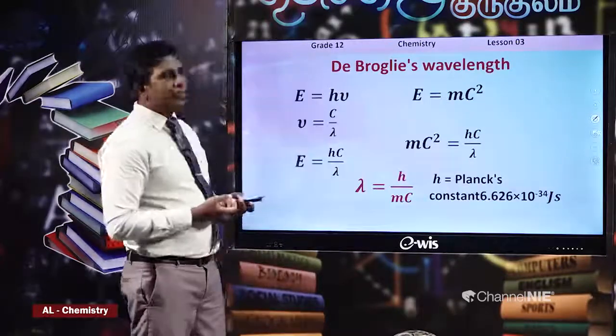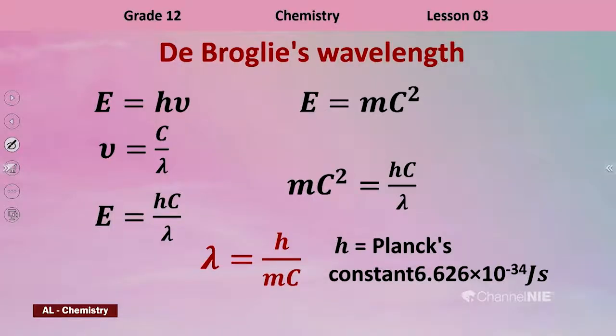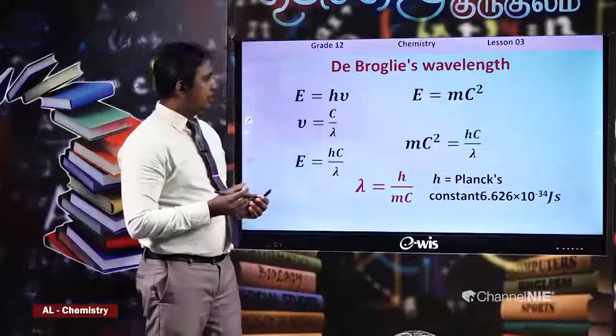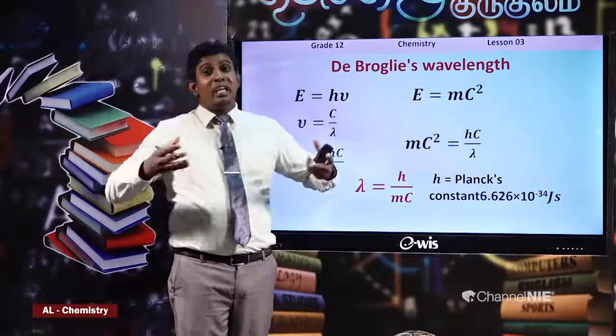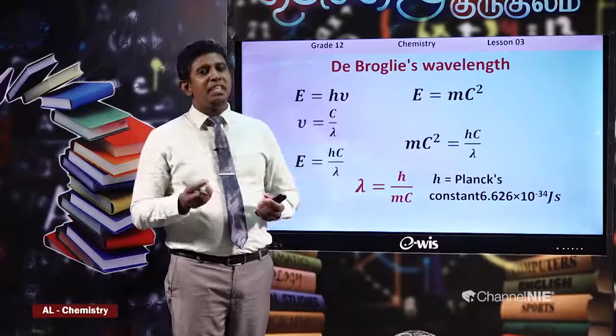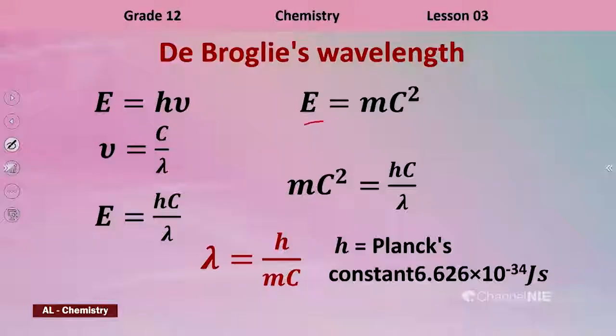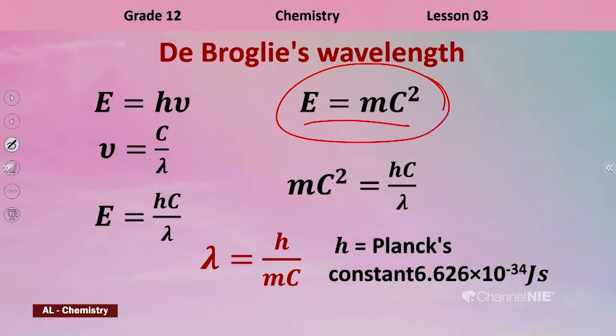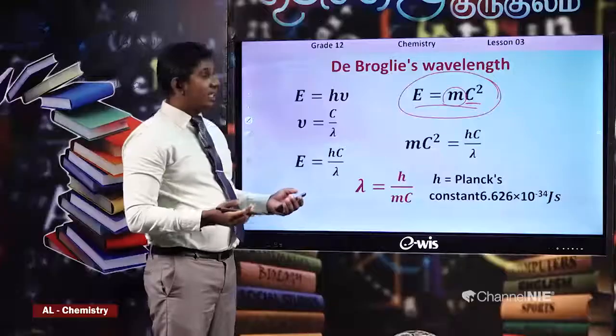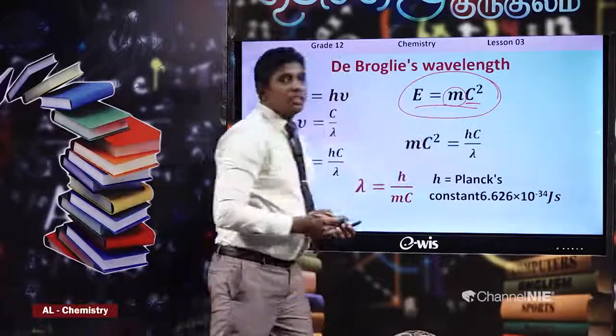So students, it was Albert Einstein who proposed that the smallest energy amount of any electromagnetic radiation, naming it a photon, that photon's energy, he presented in an equation like this. So stating that the photon's mass is m, and if you give the velocity as c, you could find its energy being E equals mc squared.